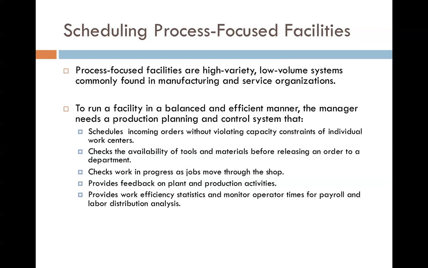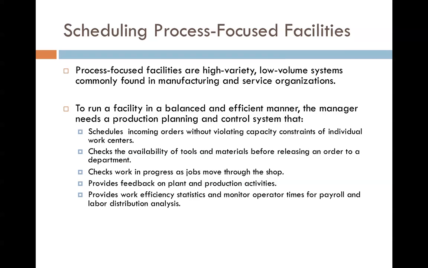Scheduling process-focused facilities. These are production systems in which products are made to order. Items made under this system usually differ considerably in terms of materials used, order of processing, processing requirements, time of processing, and setup requirements. Because of these differences, scheduling can be complex.